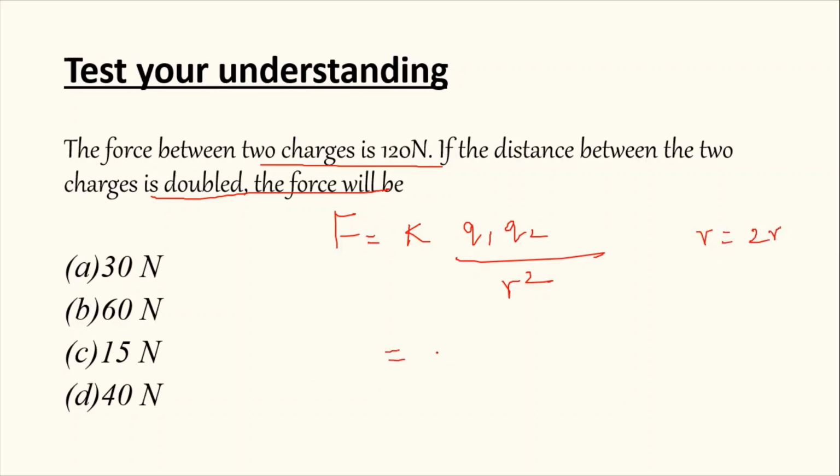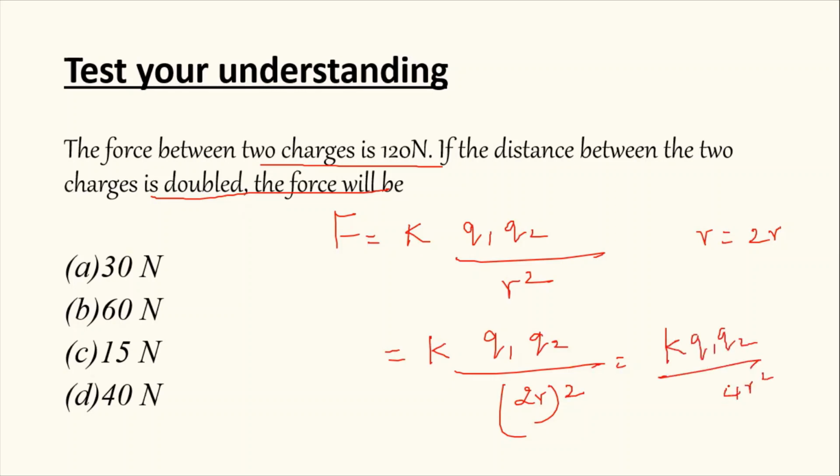So, now this equation will be K Q1, Q2 divided by 2R the whole square. So, it is 4R square, right? So, K Q1, Q2 by 4R square. So, now K Q1, Q2 by R square is 120 as given in the question. Now, here it is divided by 4, which means 120 divided by 4 is 30.